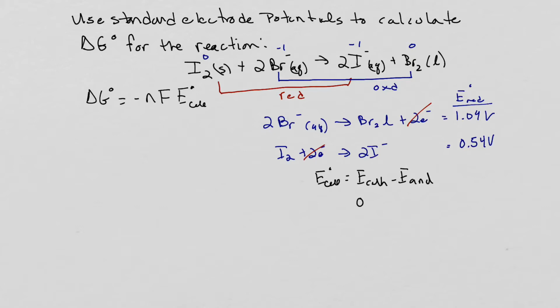So I have 0.54 volts minus 1.09 volts, and that equals negative 0.55 volts. So we have our cell potential.